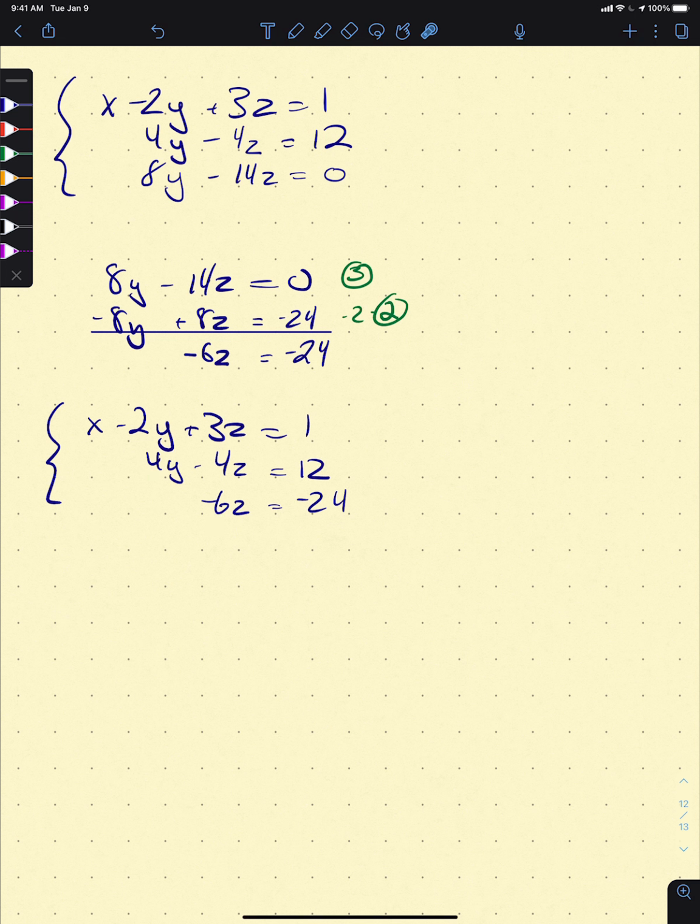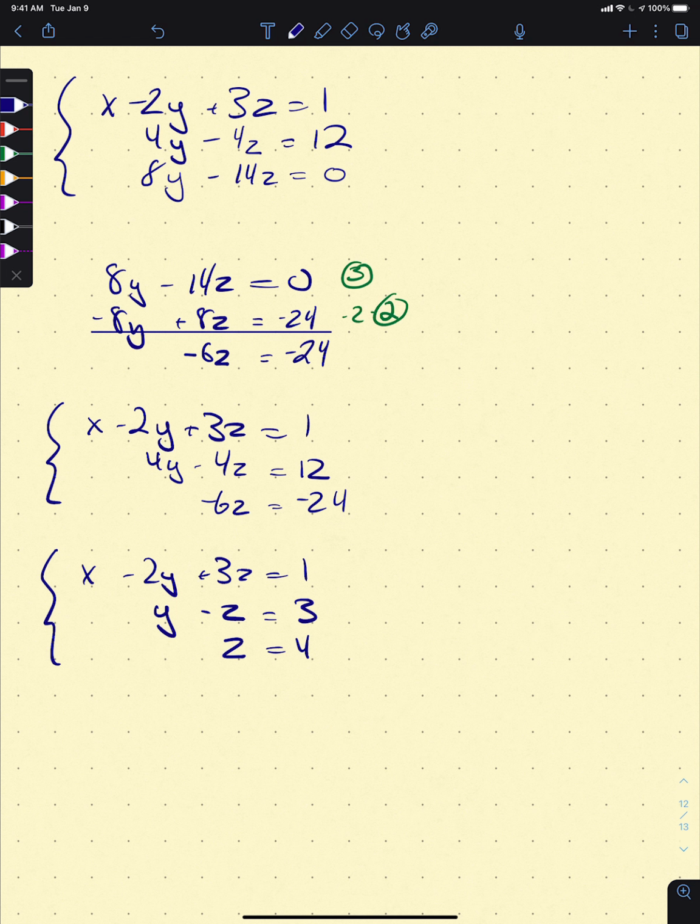Everything has worked out so nicely, right? All of these are divisible by 4, and both of those are divisible by 6, right? So that's going to give us the system x minus 2y plus 3z equals 1, y minus z equals 3, and z equals 4.